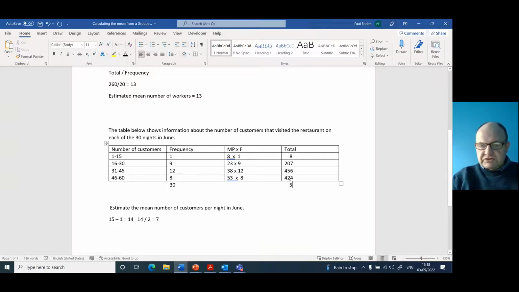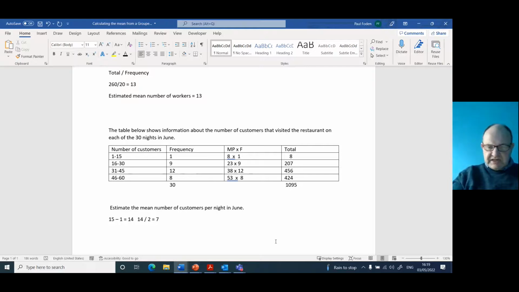We've got 2 and 2 is 4, and 5 is 9. So we've got a 9 here. And then finally, we've got 4, and 4 is 8, and 2 more is 10. So we have an answer for our total of 1,098.